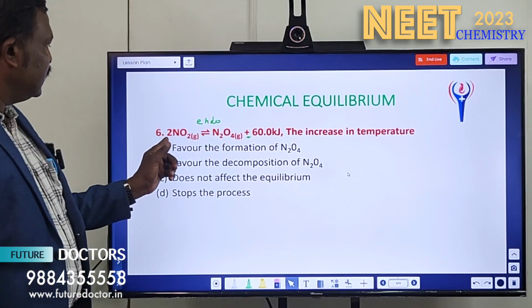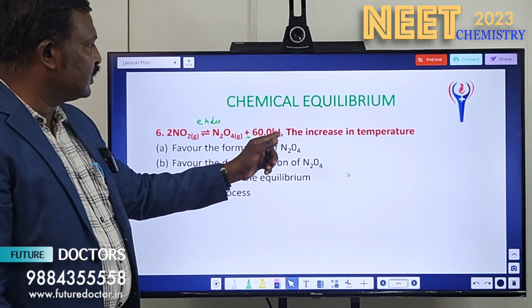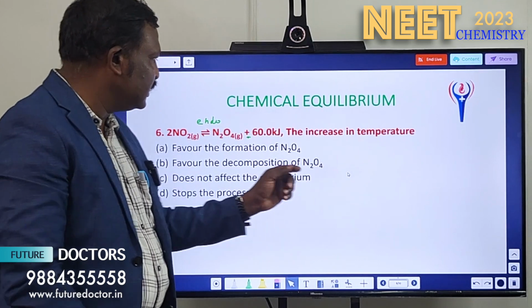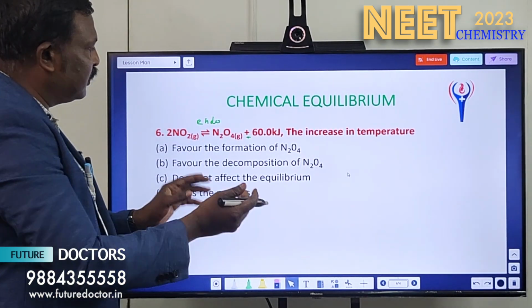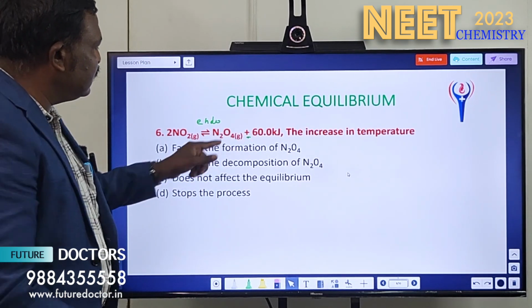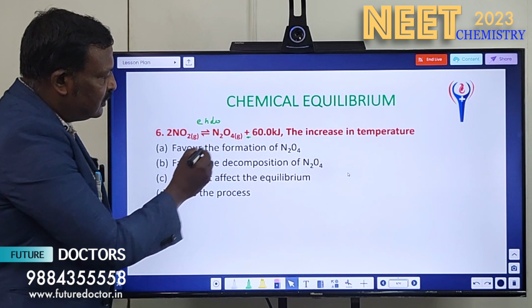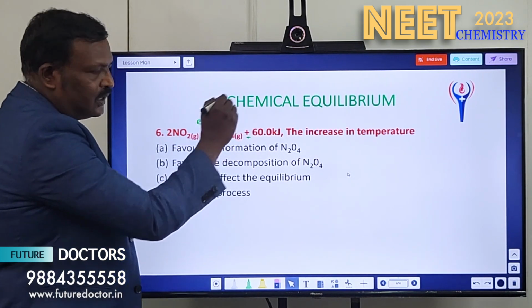See the sixth question. 2NO2 gives N2O4 plus 60.0 kilojoule. Suppose in this equilibrium you increase the temperature, which side will the reaction proceed? Usually if a plus value is given, the forward reaction is endo.